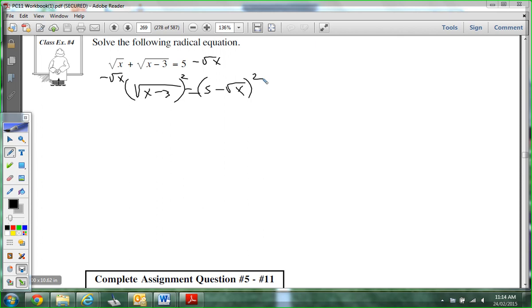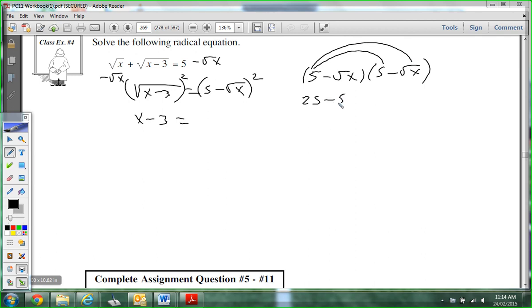Now with that, this one goes away, so we're happy. X minus 3. This one I still need to FOIL out. I'm FOILing out a 5 minus root x. Just trust your steps. Trust your skills. You can do this. 5 times 5 is 25 for F in FOIL. O, negative 5 root x. I, negative 5 root x.